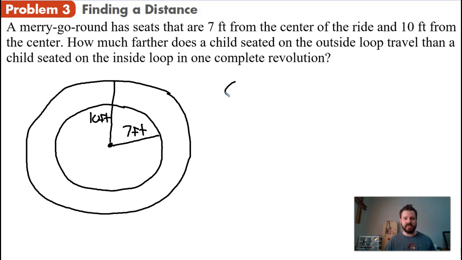We just said that circumference is equal to 2 pi r, 2 times pi times the radius. And I'll use radius because I get the radius here. I could double that and use the pi times d, but we'll just use radius here. And basically the way this problem is going to work is we'll take the circumference of the big circle and subtract from it the circumference of the small circle.